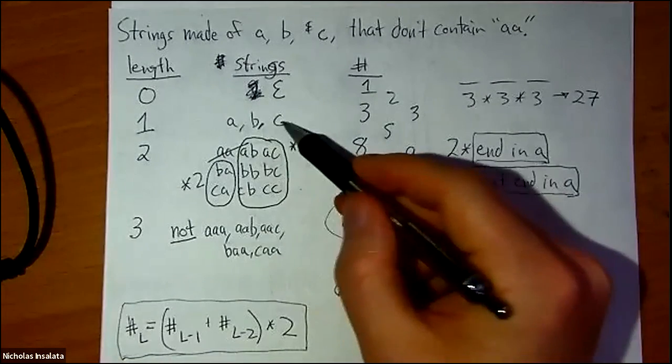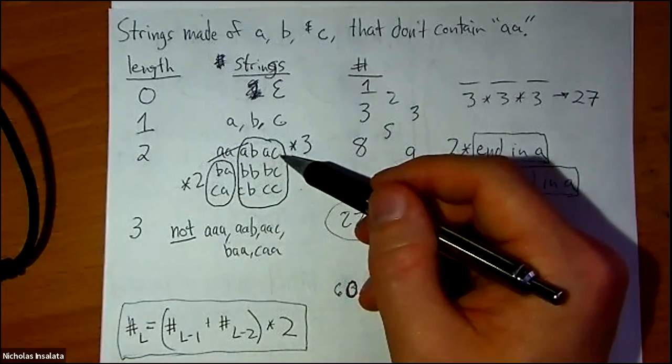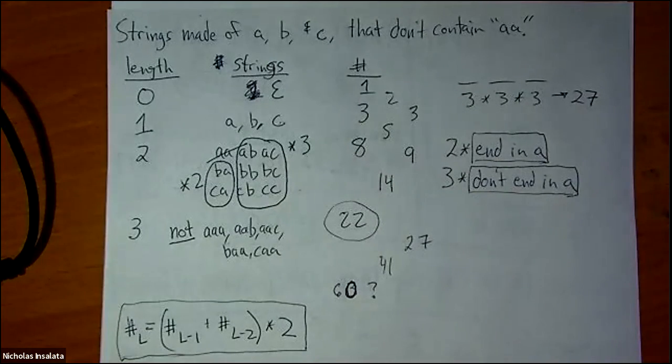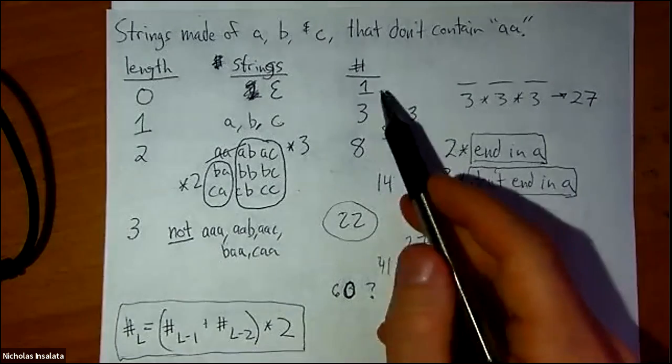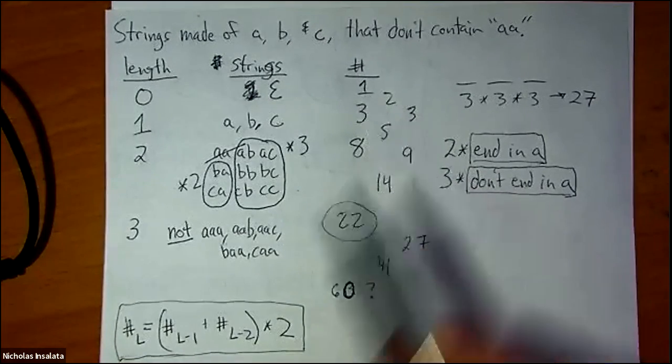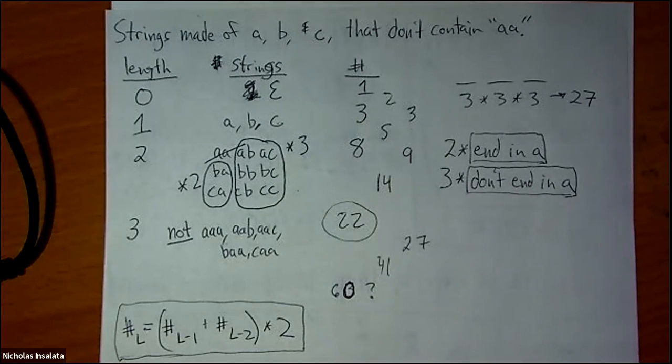So maybe this A, B, and C, those can be considered the last character, and we can add things onto the front instead. Okay, so we're using Sean's formula. In case 0, where we don't have any characters, that can be seen as the ones that don't end in A. 1 times 3 is 3.